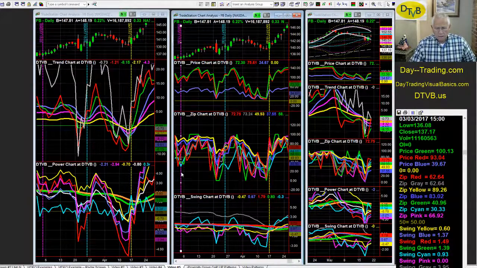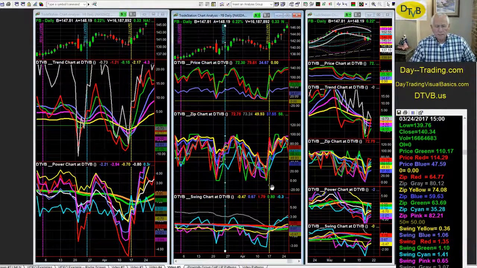And the Cyan line has Zip Cyan lowest again, and it's at 35. And in this case here, Zip Cyan goes down next day, whereas in the other two cases, Zip Cyan goes up each day.